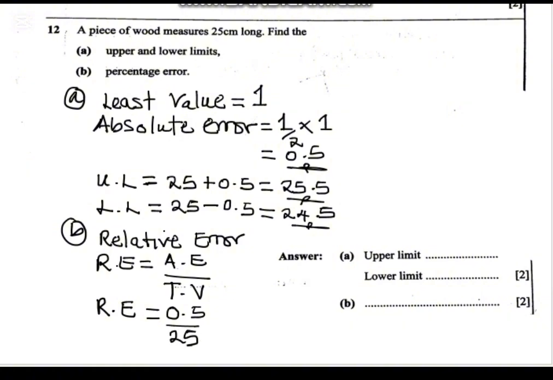So 0.5 over 25. We can change the decimal number given on top, which is the numerator, to a whole number by multiplying by 10. This is because 0.5 is correct to 1 decimal place. So to make it a whole number, we multiply by 10.